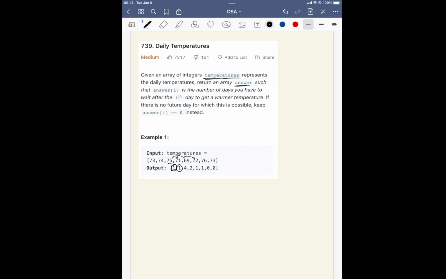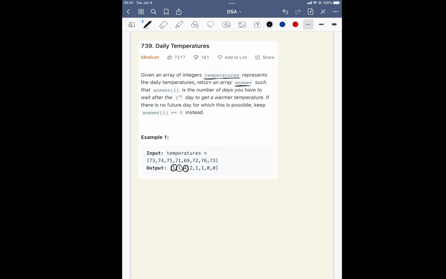That next day is 72, and that's not greater than 75, so you keep looking. And then finally you find a greater temperature than 75, which is 76, and that took 1, 2, 3, 4 days. So the answer for that day is 4. So that's how you would get the result array.